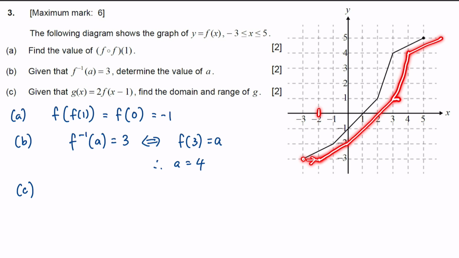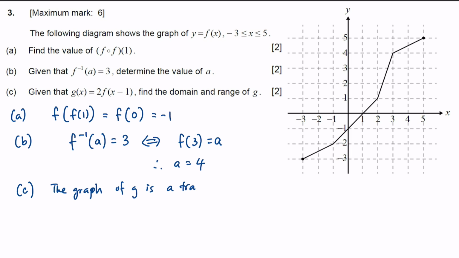So the domain also gets shifted to the right by 1 unit. So instead of -3 to 5, now it's -2 to 6. So that's the new domain. So the graph of g is a translation of f by 1 unit in the positive x direction.